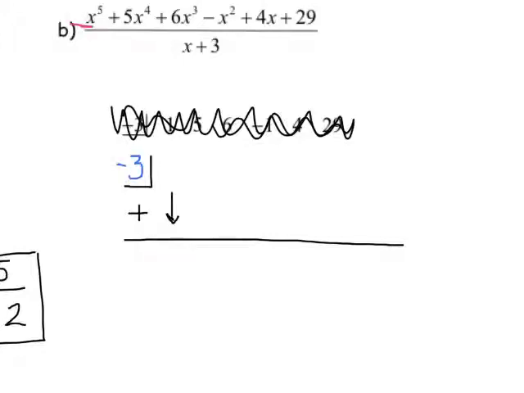So 1, 5, 6, -1, 4, and 29. I'm going to extend this line just a little bit.